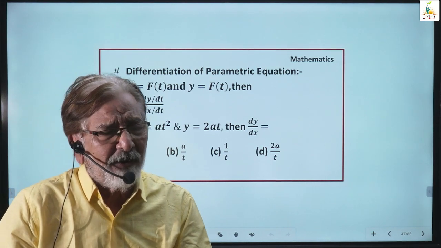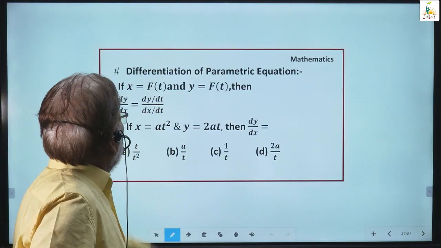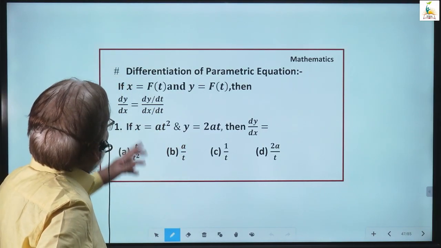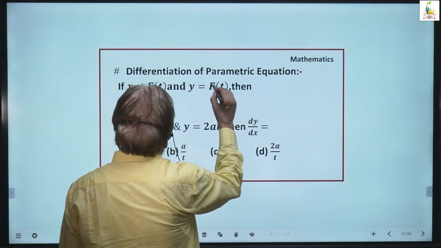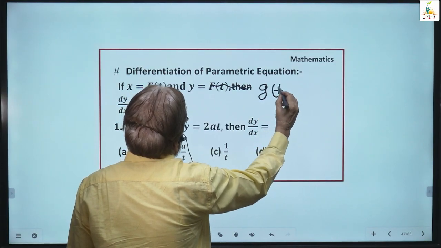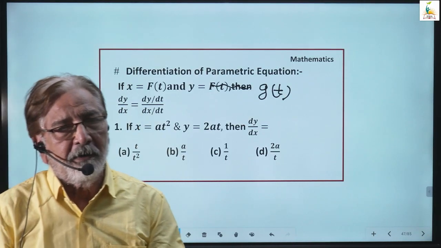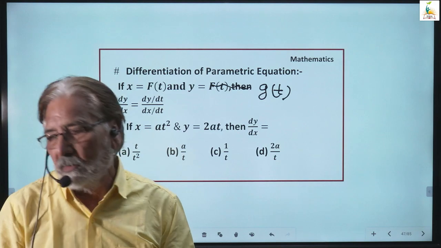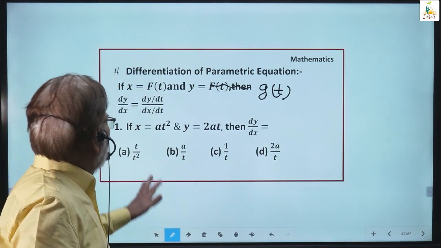For example, if x equals f(t), x is a function of t, and y is also a function of t, y equals g(t), where t is the parameter, then dy upon dx will be equal to dy upon dt upon dx upon dt.